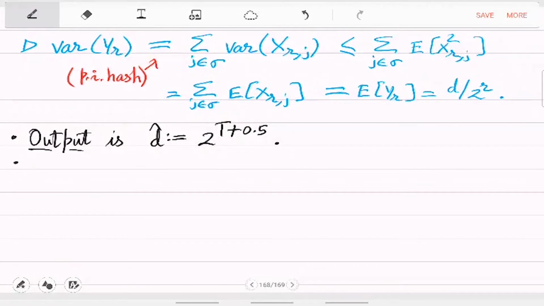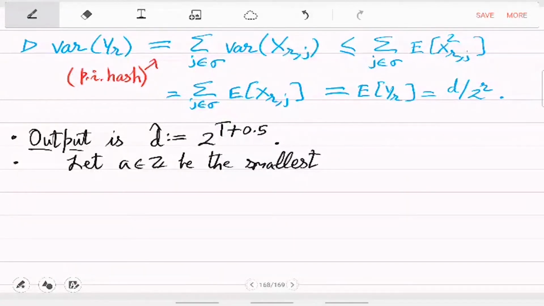Let a be the smallest integer such that 2 raised to a plus 0.5 is just above 3d. It is kind of log, we are looking at log of 3d, okay.